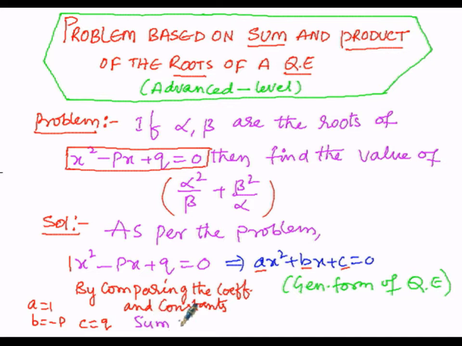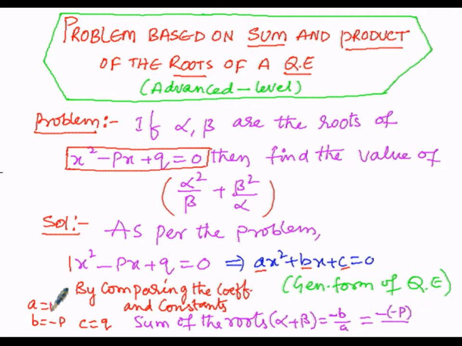The sum of the roots, that is alpha plus beta, is given by the formula minus b divided by a. That equals minus, written as it is, then b value, which is minus p. So b must be written as minus p within the bracket, overall divided by a, but a is 1.